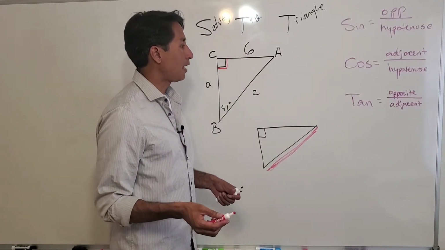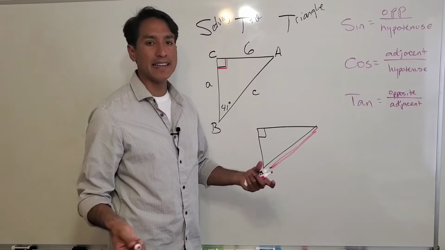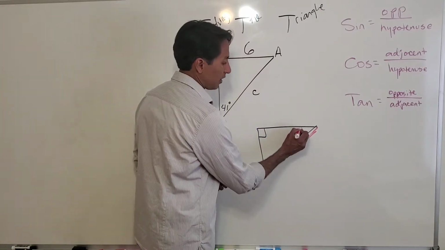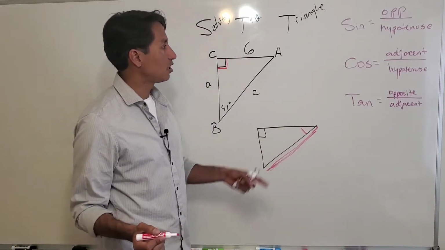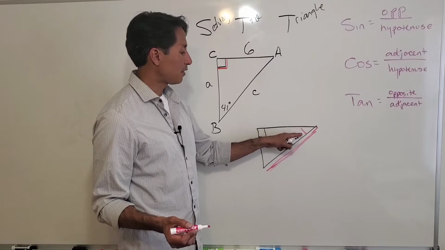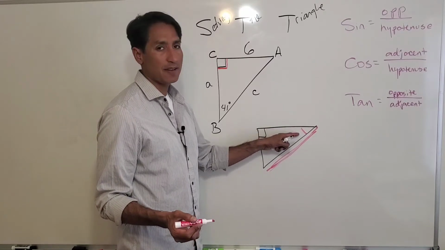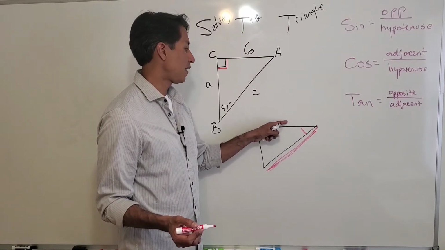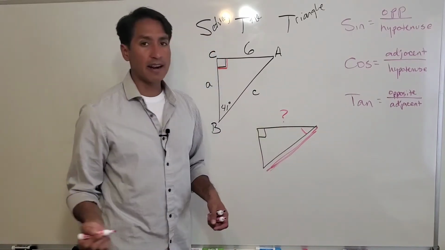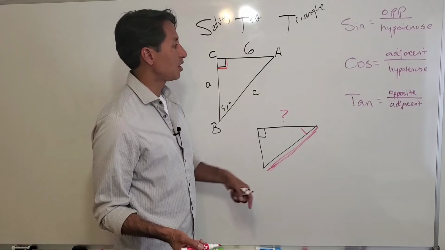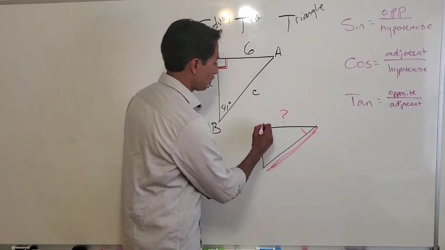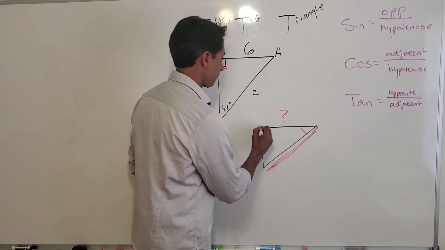Now when it comes to finding things using these labels, let's say I was given a measurement in here and I wanted to use one of these. If I'm given this measurement here and I'm trying to find this length here, this guy right here, I can use one of these ratios. Adjacent means next to, so this would be the adjacent side.